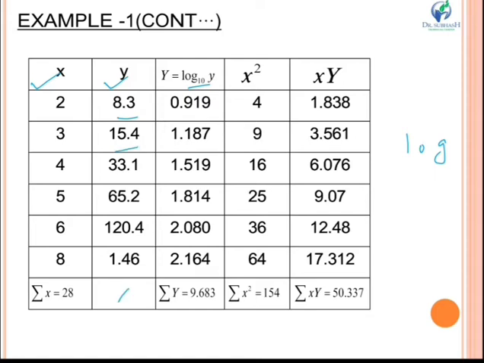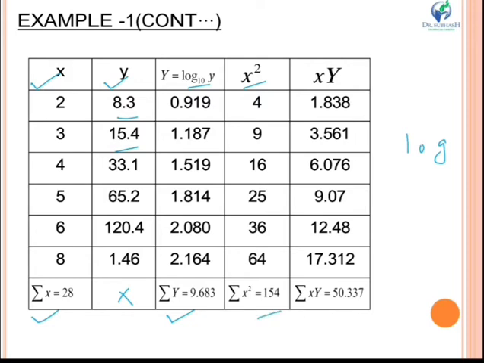Here the summation of small y is not required. We just need to find the summation of small x and capital Y. Again I will do the square of x, because it is required in our normal equations. So I will calculate x square for each and every value of x, and the summation of x square is 154.